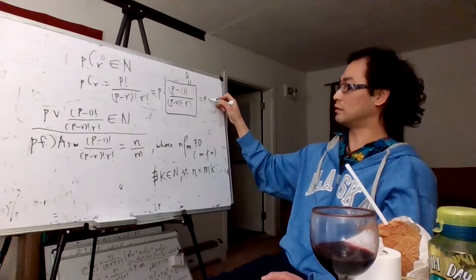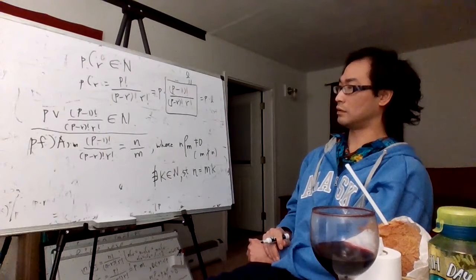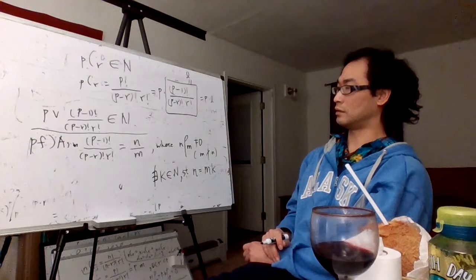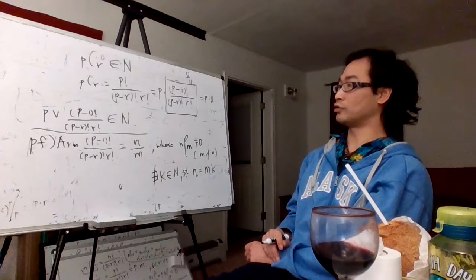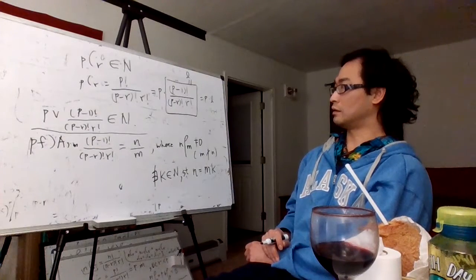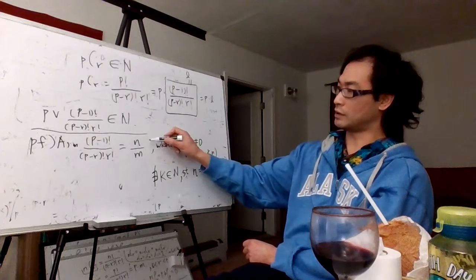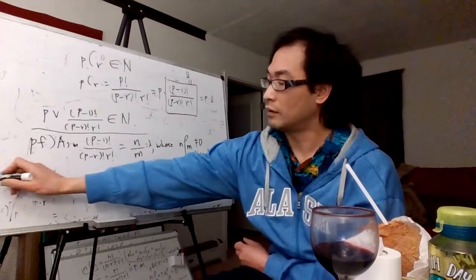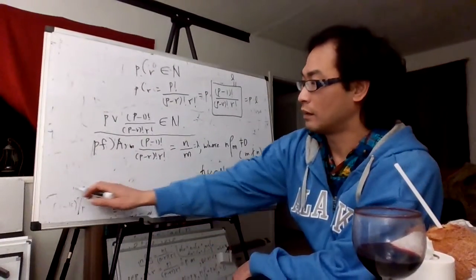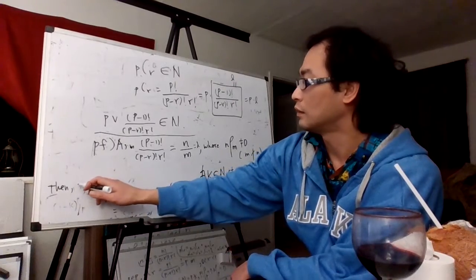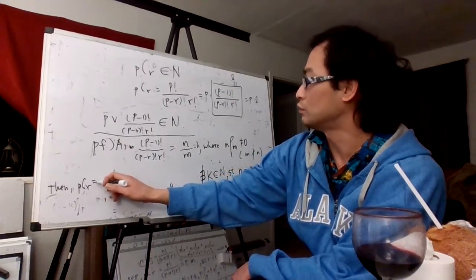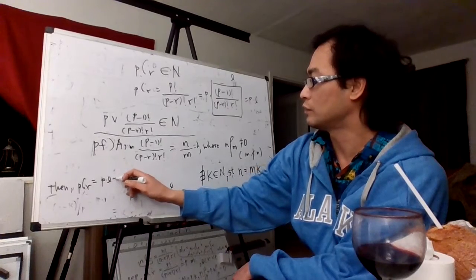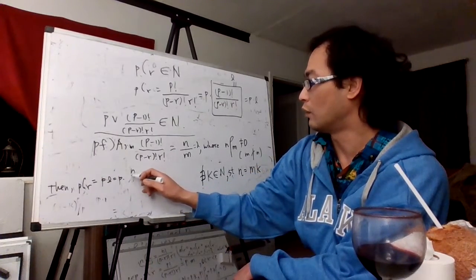So this is P times L. So if you assume that, then this whole thing is L. Then, okay, well, sorry. Then PCR is equal to P times L, which is equal to P times N over M.